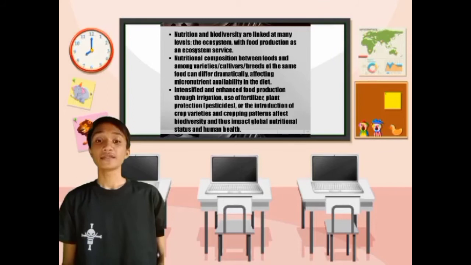Intensified and enhanced food production through irrigation, use of fertilizer, plant protection or pesticides, or the introduction of crop varieties and cropping patterns affect biodiversity and thus impact global nutritional status and human health.